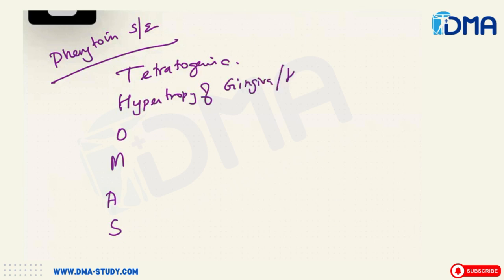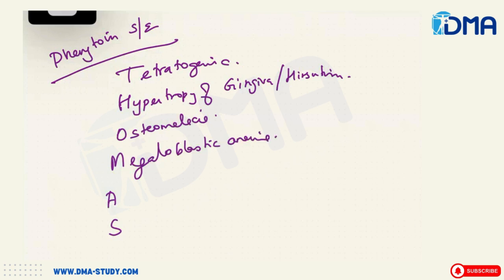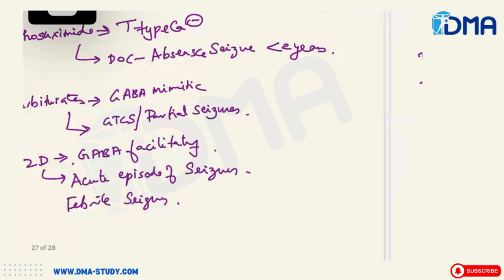And also it causes hirsutism, osteomalacia, megaloblastic anemia. Then ataxia. Then it causes sugar, that is hyperglycemia. These are the important side effects of phenytoin that you have to know of.